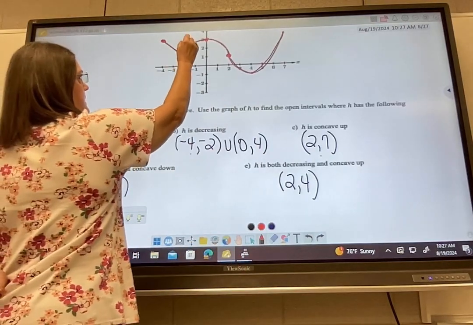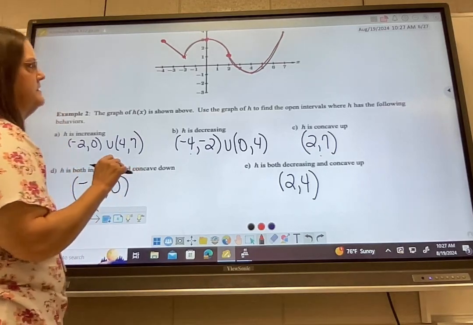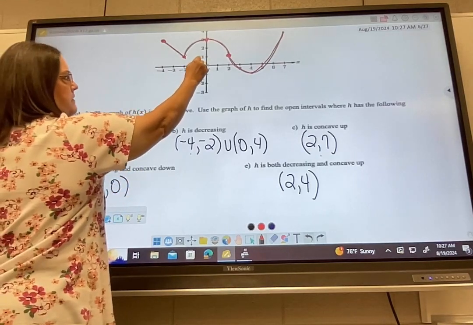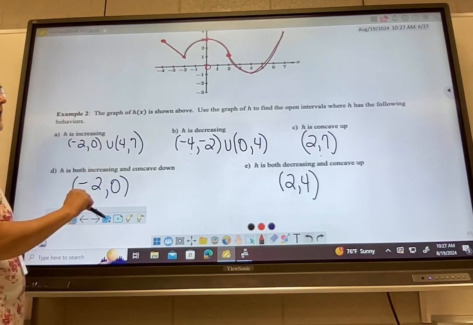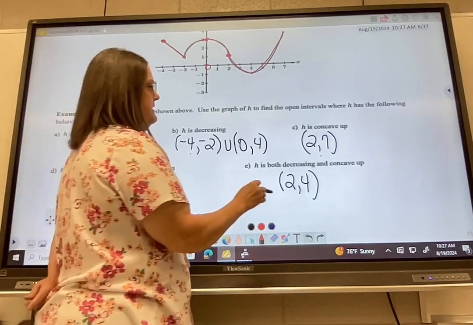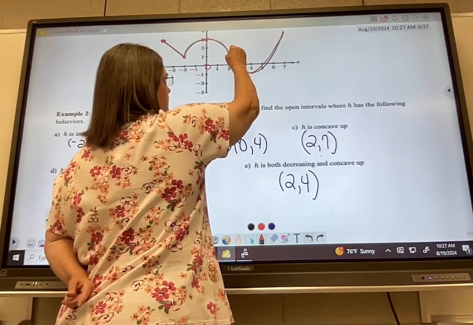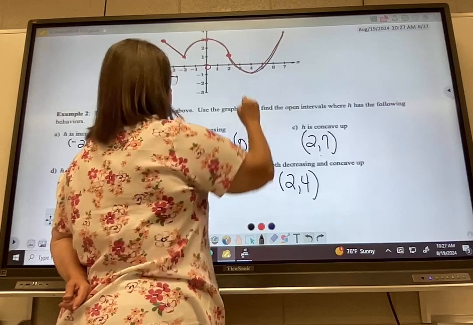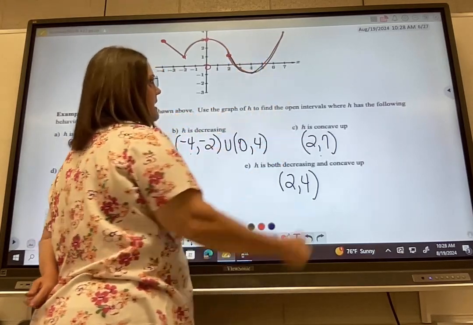So from -2 to 0, it is increasing and concave down. And this one is decreasing and concave up. So it's decreasing here. Let's do this in this color so you can see it. Decreasing here, but also concave up.